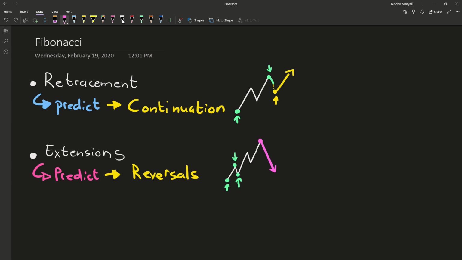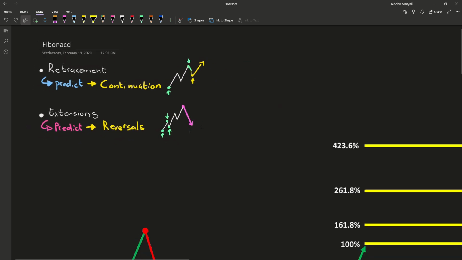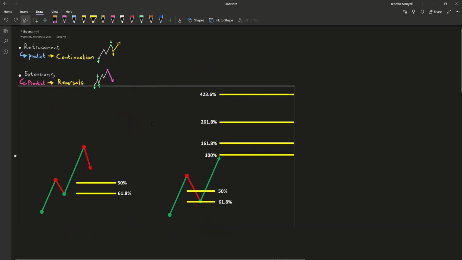So let's get more practical. Let's see how this thing looks and how it's going to help us do this. So let's zoom out here. So down here I've got the two types of Fibonacci's. The first type, I'm going to write it in blue. This one here is known as your retracement tool.